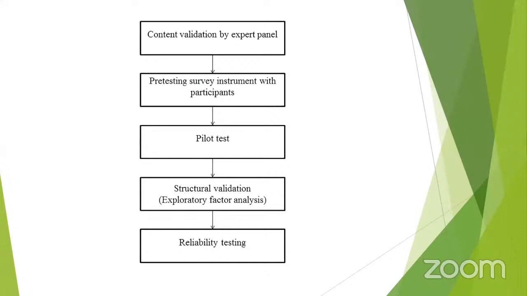Reliability means repeatability: the same question should not get different answers at different time points. When you follow all these processes, you can say, yes, my questionnaire is now validated, and you can mention in your results how you validated it. Then you use this validated questionnaire for data collection.